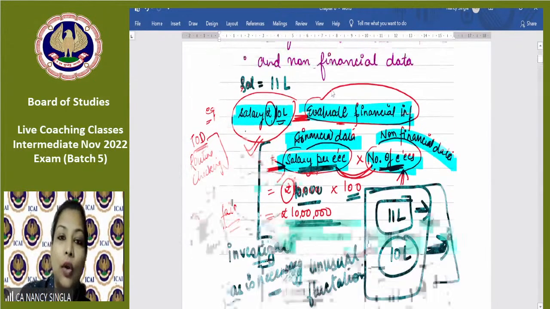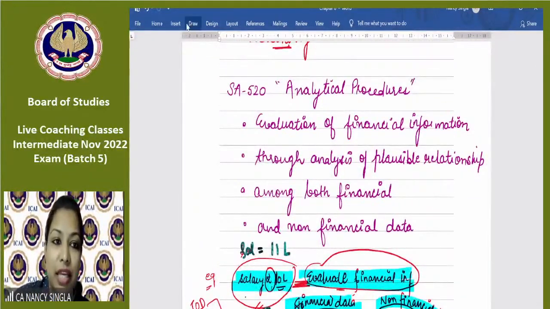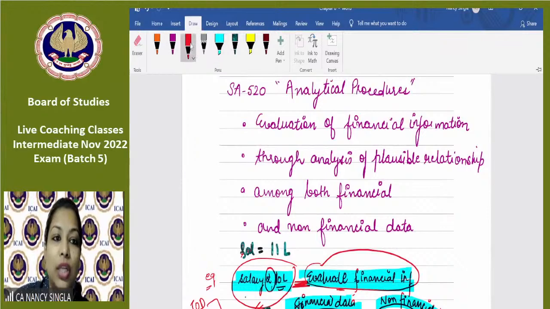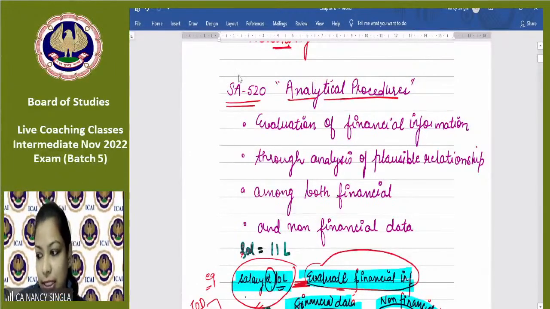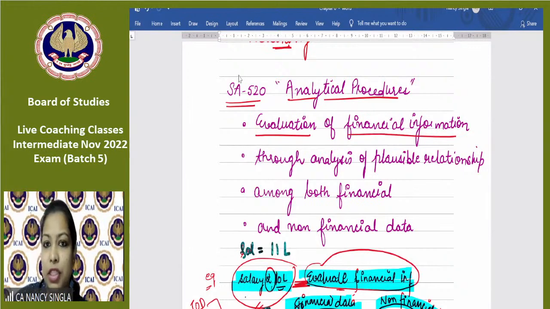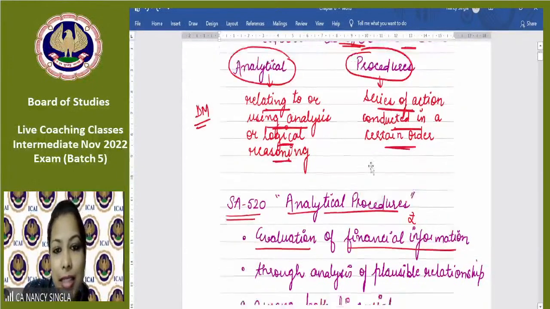Okay? Now let us have a look at the definition which has been given by SA 520. And as I've told you, the name of the SA is what? Analytical procedures. Okay? So analytical procedure means evaluation of financial information. What is the financial information that the auditor is evaluating? Rupees 10 lakh salary.